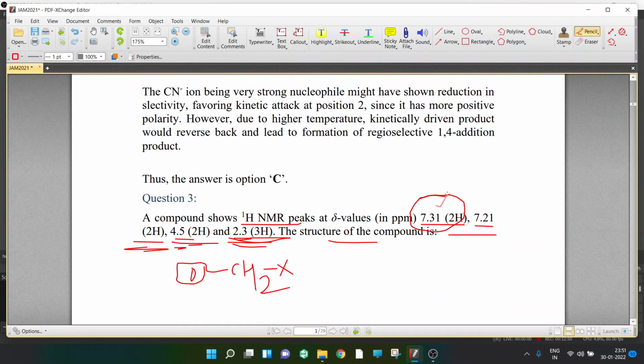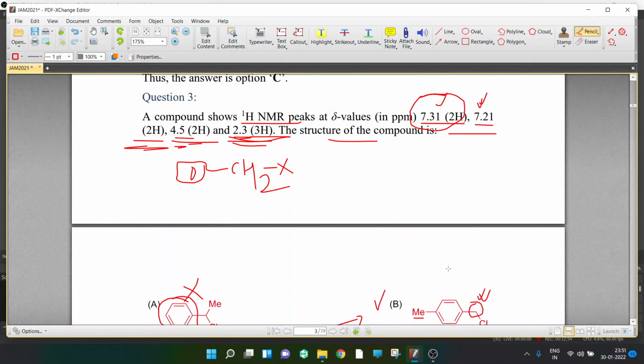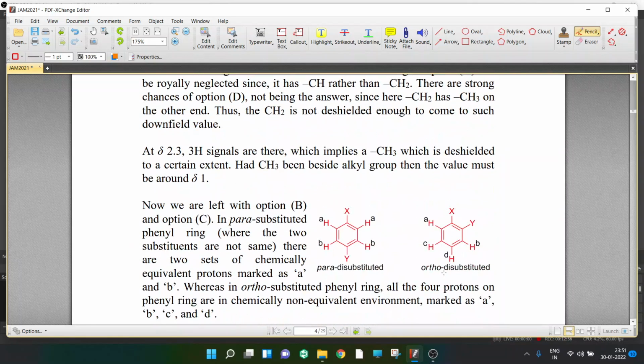we should have 4 protons forming 2 sets each, right? Let us look. If we have a para disubstituted compound, and remember it is X and Y, not X and X. Now this hydrogen and this hydrogen are identical. Why? Because if I go one step I find X here, I go one step I find X here.